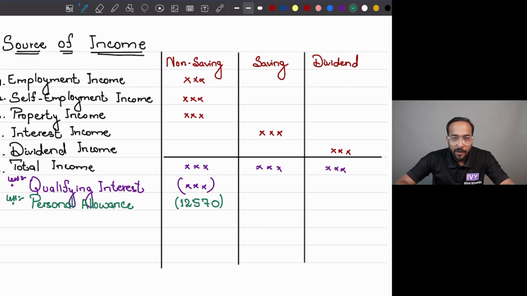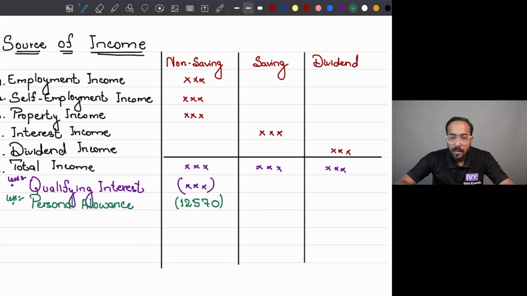For example, if my total income is less than or equal to 12,570 pounds, I will not pay any amount of tax to HMRC. It means the person who has total income less than or equal to that specific amount, that is 12,570, is not eligible to pay the tax.